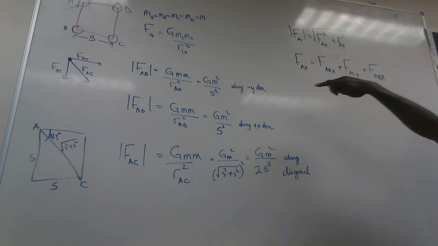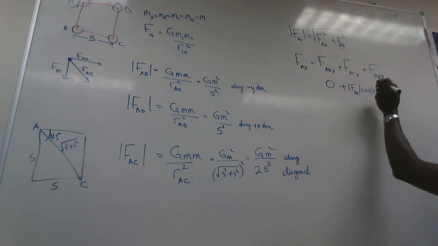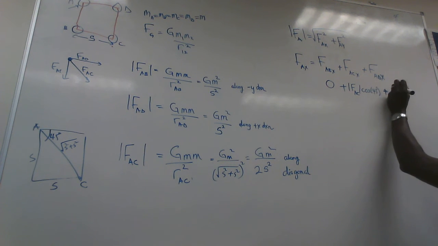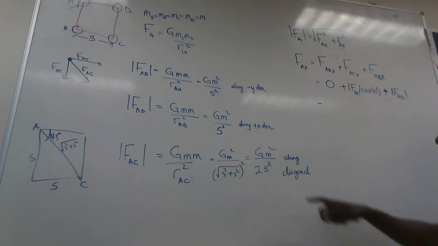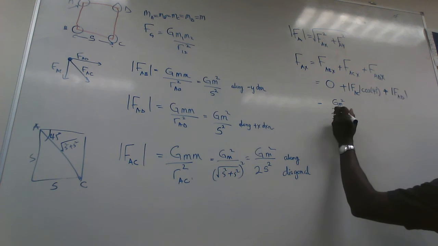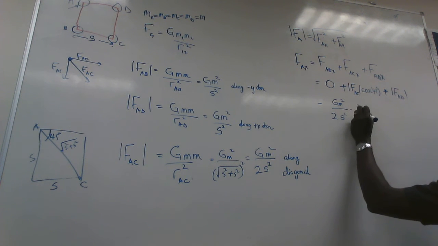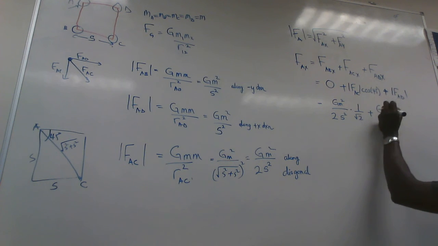And FAD acts entirely along the x direction, so FADX will be just the magnitude we found for FAD. So this is equal to FAC, which is GM squared over 2 times S squared, times the cosine of 45 degrees, which is 1 over the square root of 2, plus FAD, which is GM squared over S squared.